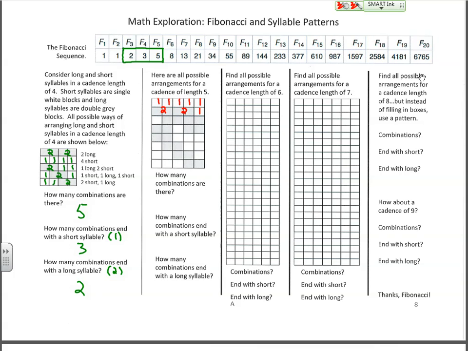There's more than one way to get to 5 with 2 2s and a 1. Your 2 2s can come first, and then your 1 comes afterward, like we have here. Your 1 could come first, followed by your 2 2s, or your 1 could be in the middle with the 2 2s on either side.